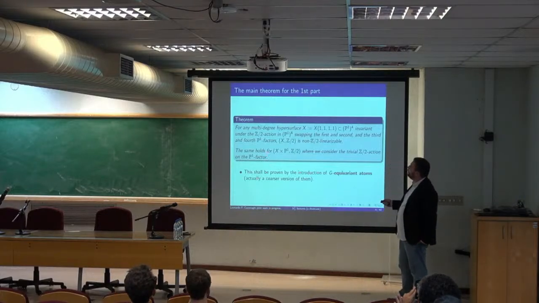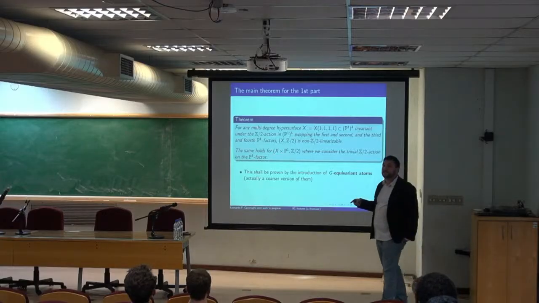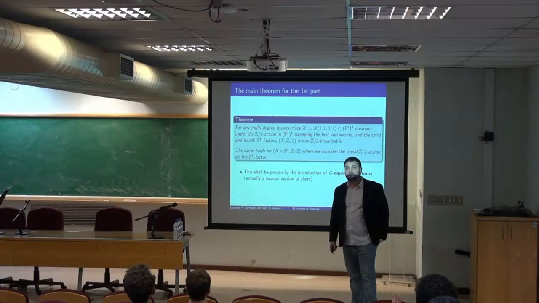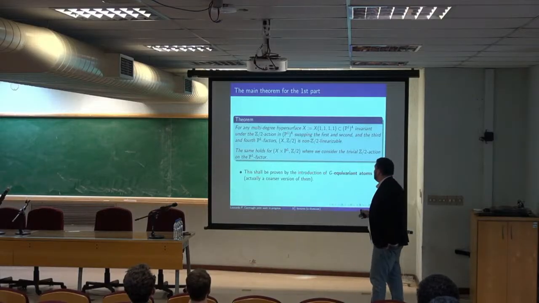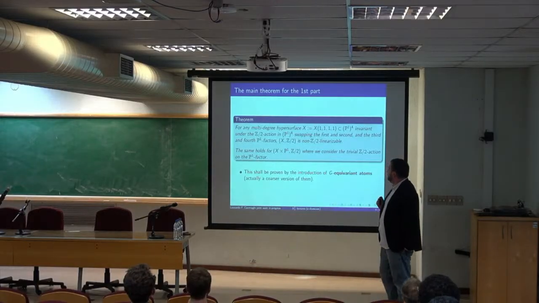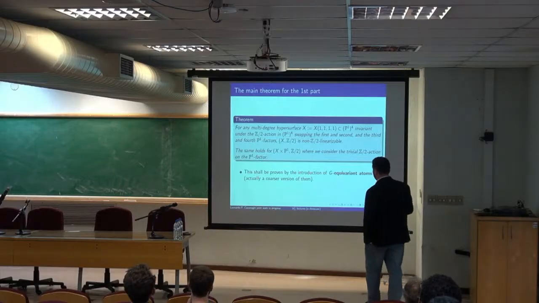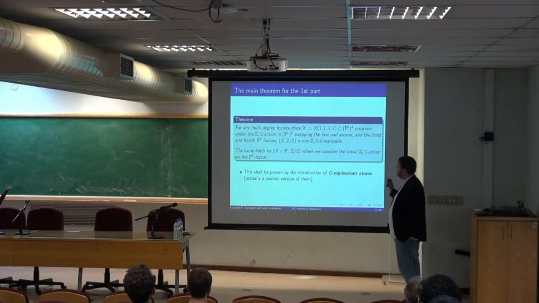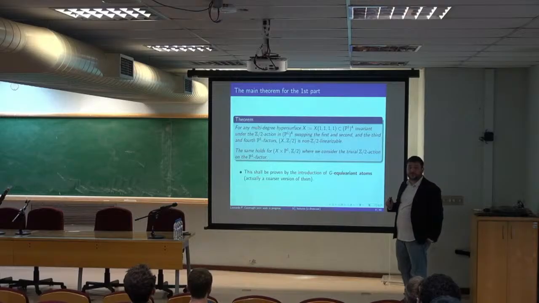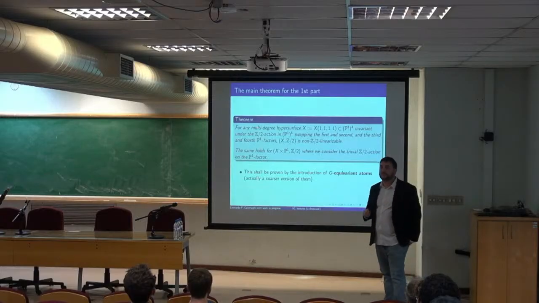And the same holds for X cross P1 if you extend the Z2 action to be trivial on the P1 factor. Okay? So I'm going to consider that this talk was a success if I try to convince you how to approach this question using this newly developed theory of atoms.